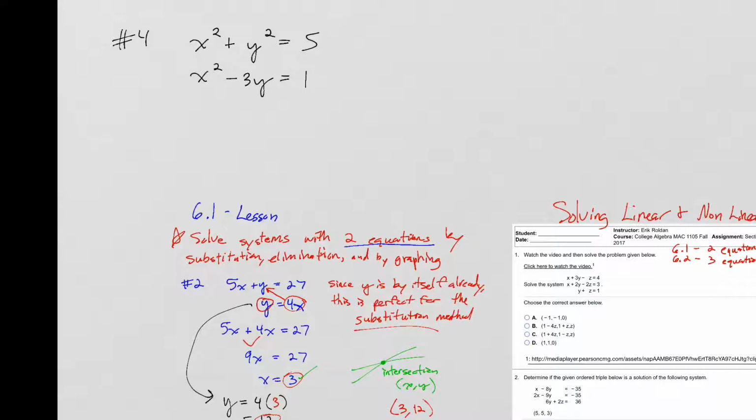Okay? So you could do substitution, you could do elimination, or you can solve this graphically, but this is pretty much set up for elimination. As you can see right here, all we have to do is put a negative 1 on this bottom term, and that's going to make those x squares eliminate.